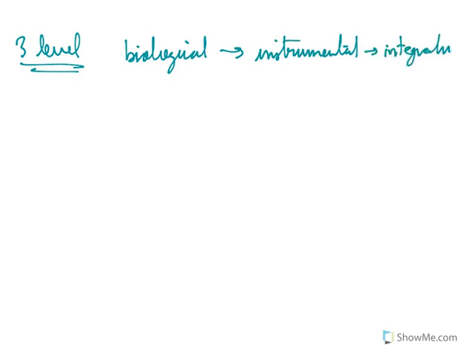So what were these three levels? The first level was biological, the second level was instrumental, and the third level was integrative. First we will see the biological needs.